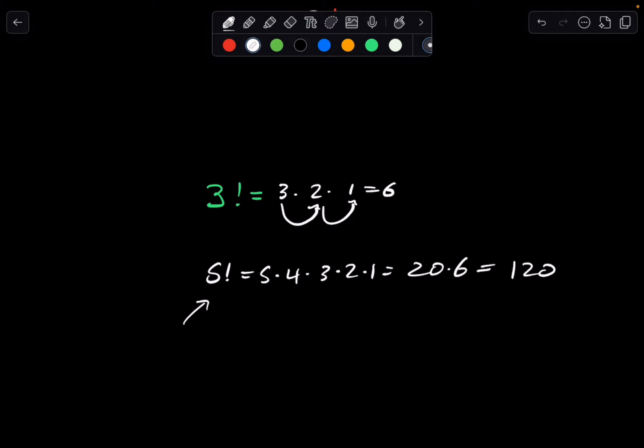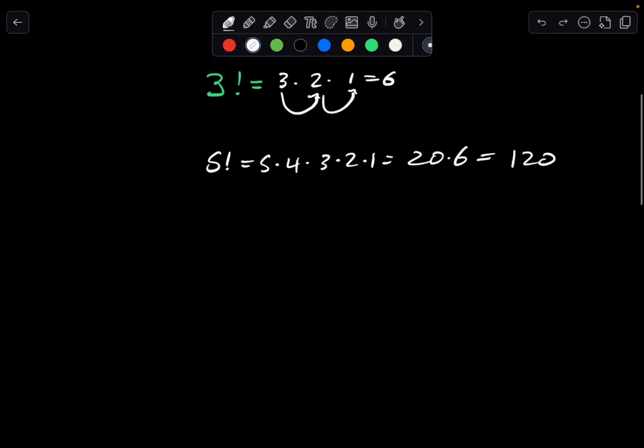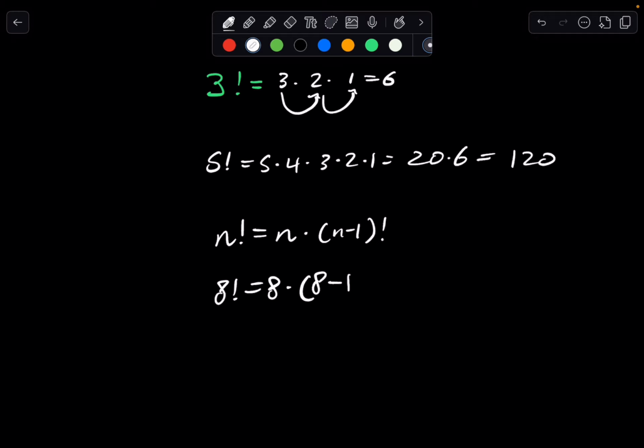So that's 5 factorial. The property of the factorial is if we have any number n, and we do n factorial, we define this to be n times n minus 1 factorial. Let's plug in a number and see what happens. Let's say we have 8 factorial. We're saying that this is equal to 8 times 8 minus 1 factorial.